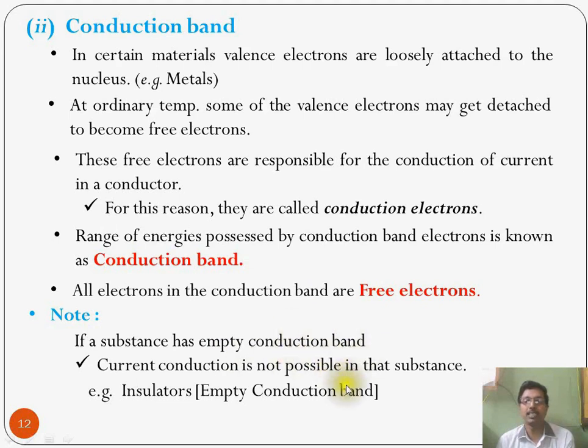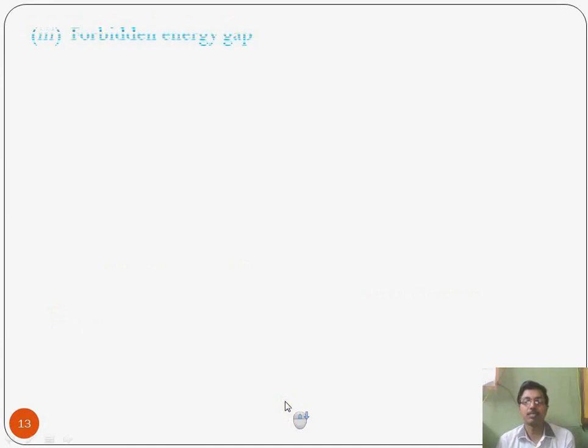For example, in an insulator you can find the conduction band is empty. In the case of a conductor, a purely conducting material, the band is partially filled, which means it can accommodate more electrons.